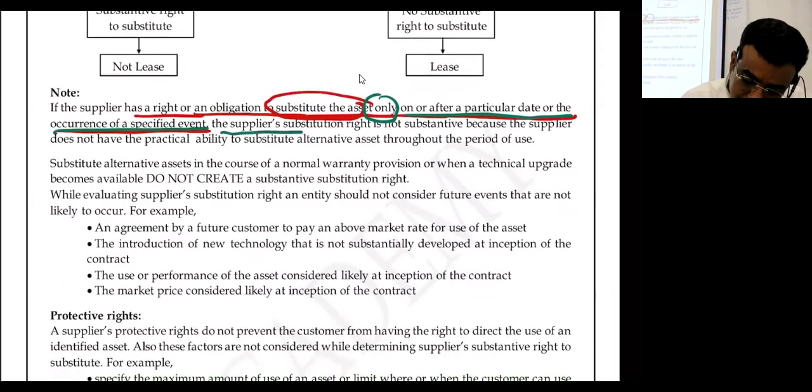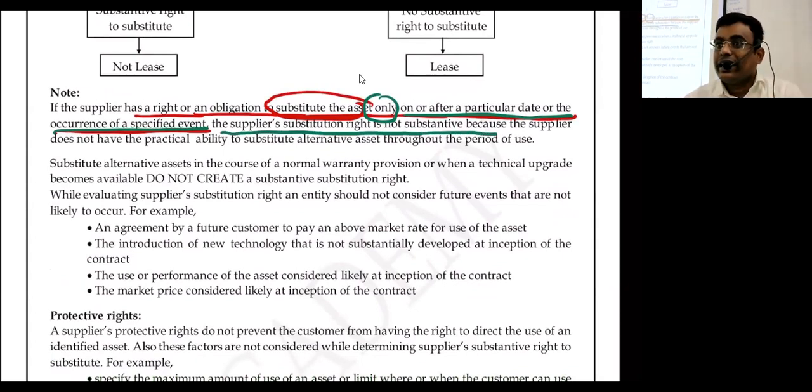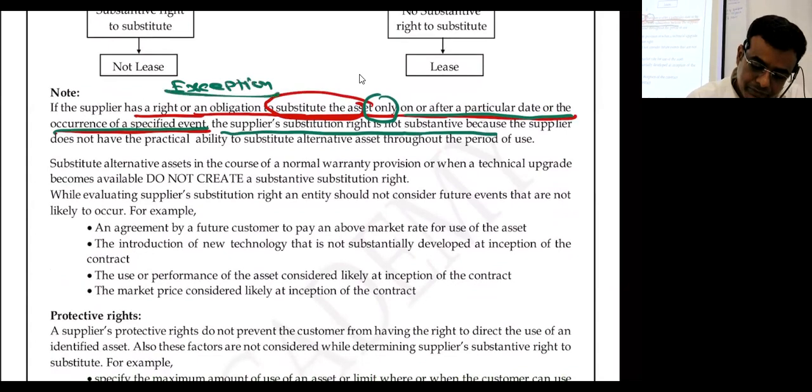The supplier's substantive rights, not substantive. What did we see above, and what do they say here? Exceptional. Because a supplier does not have a practical ability to substitute alternative assets throughout the period of use.